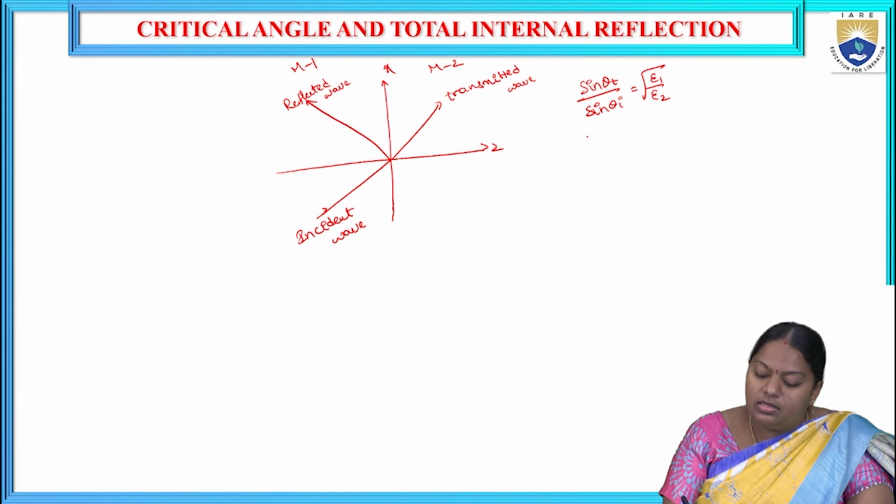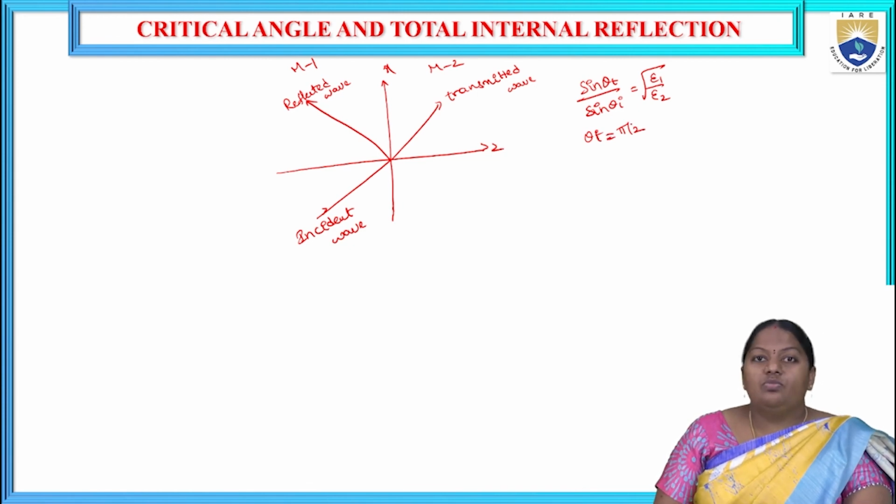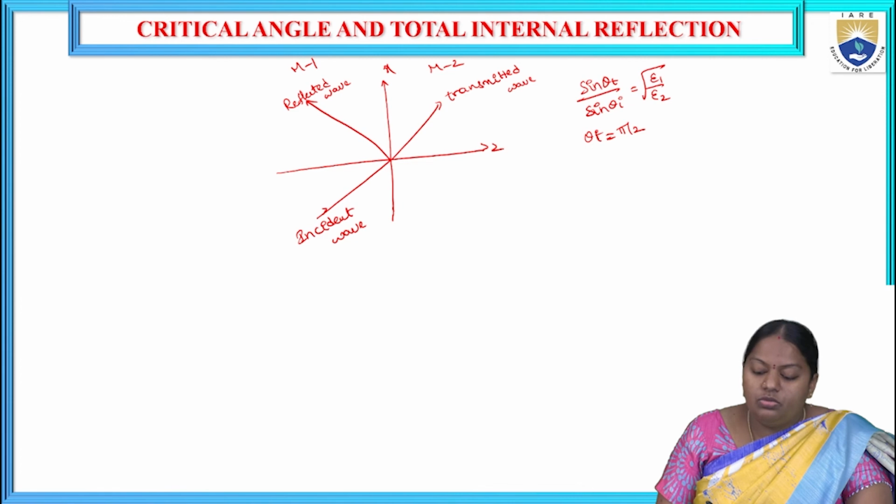And in this case theta t is equal to 90 degrees. Consider medium 1 is more denser than that of medium 2, and this theta t, the transmitted wave making angle, is equal to 90 degrees.